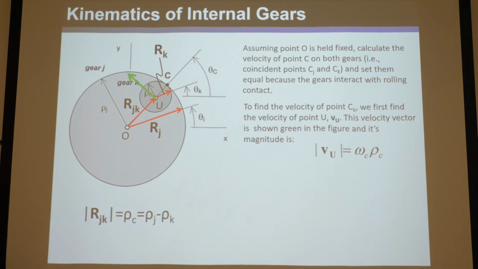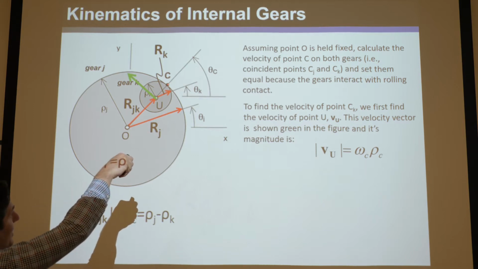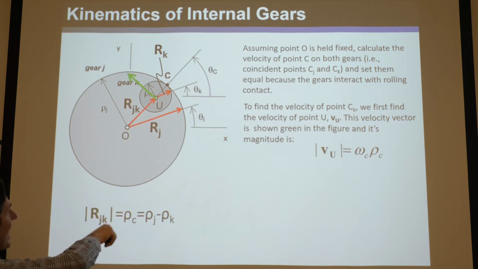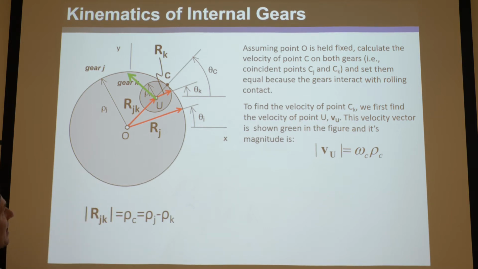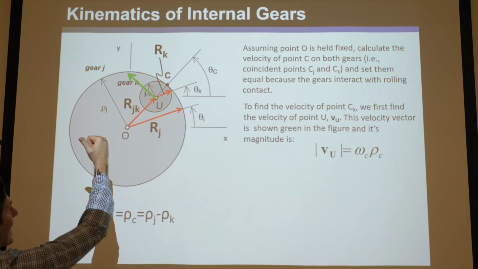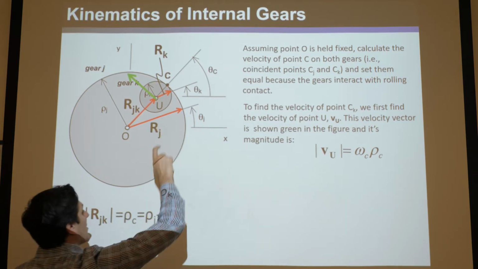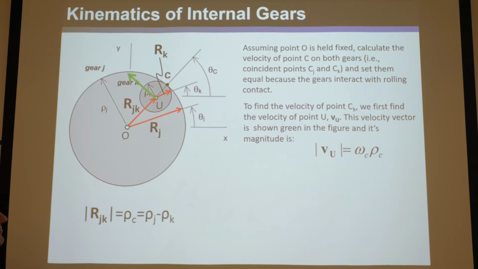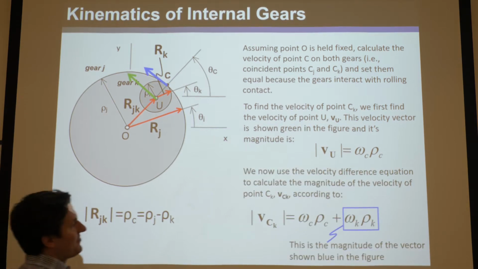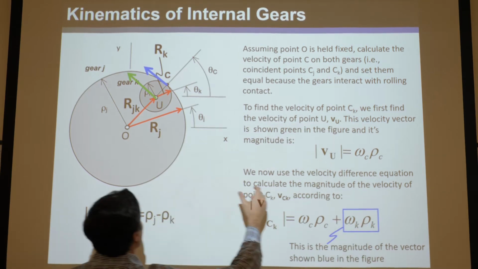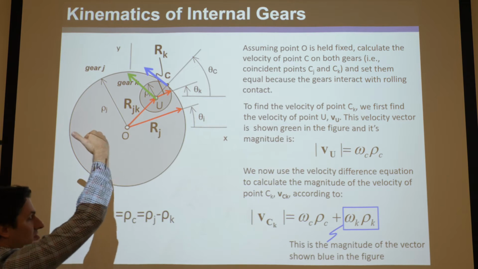Now we go from that point to that point, which is C on K. We know the velocity at that point, which we just calculated. Now we say omega K cross the vector that goes from there to there, which has a magnitude of rho K, so omega K rho K in that direction because you assume positive.